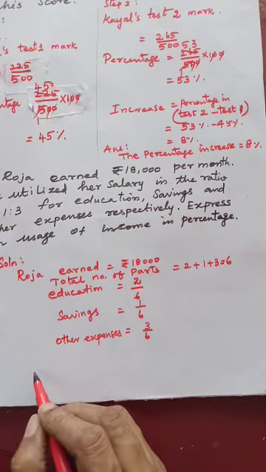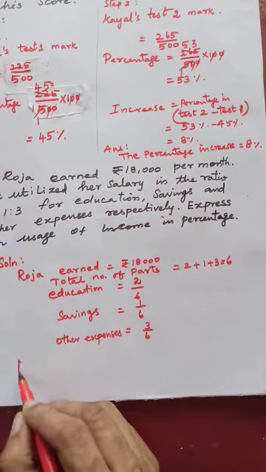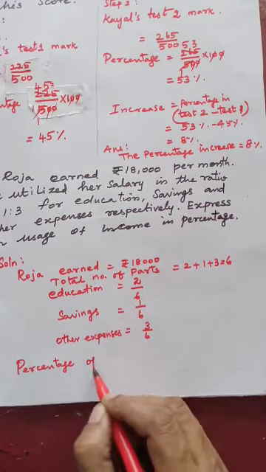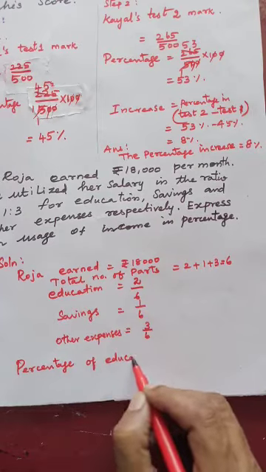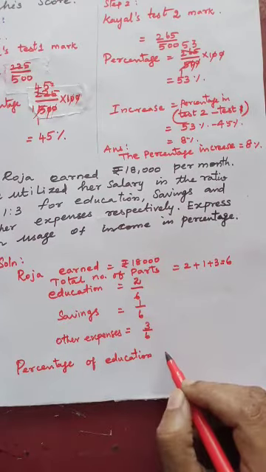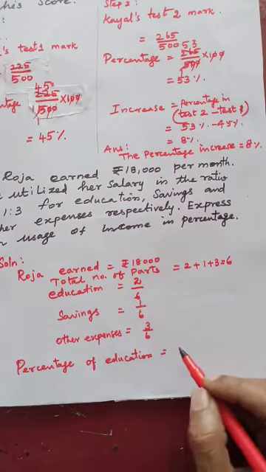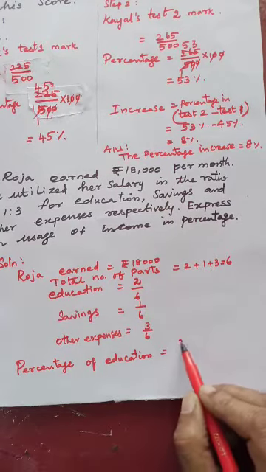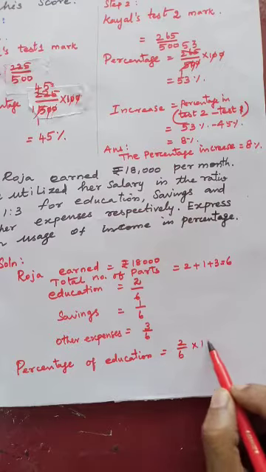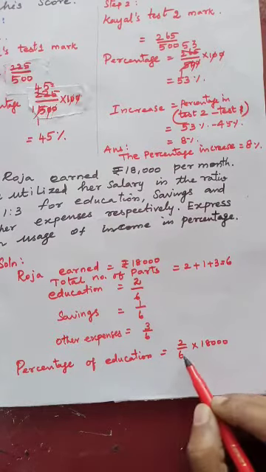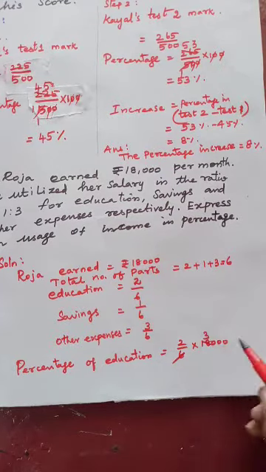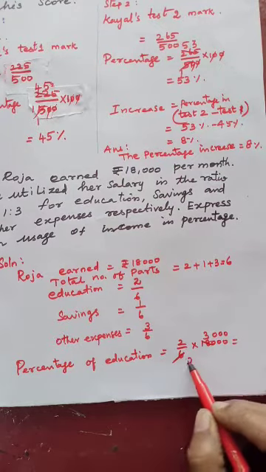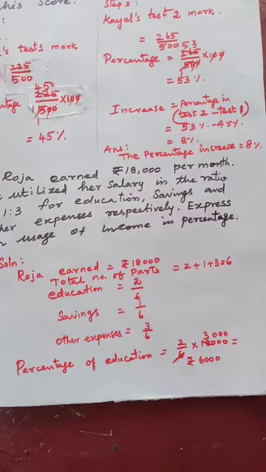So first we shall take education. The amount for education is equal to 2/6 into 18,000. 6 3s are 18, 3 zeros. So rupees 6,000 she used.